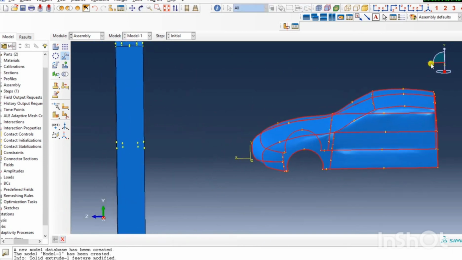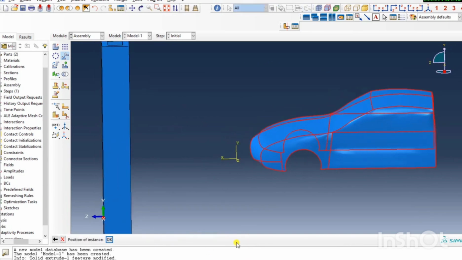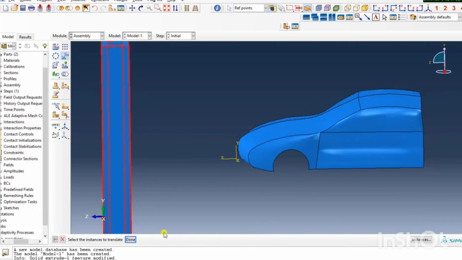We have reduced integration with hourglass control. Shell elements are preferred here due to computational efficiency and their ability to accurately capture the local buckling modes. Now, the material is defined as elastic plastic structural steel.